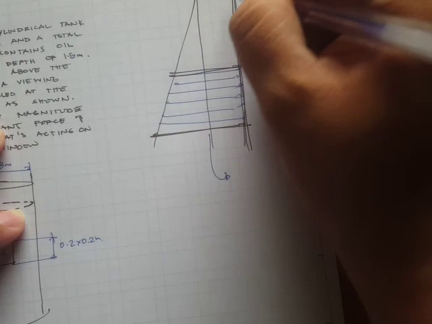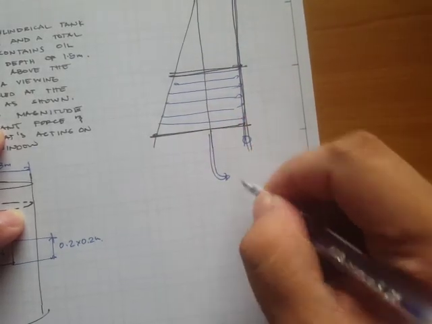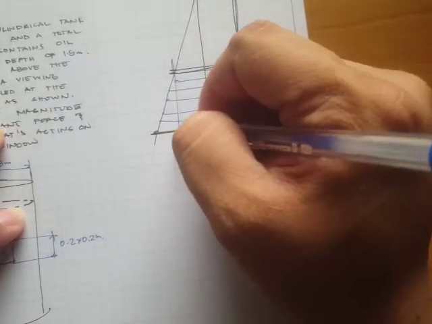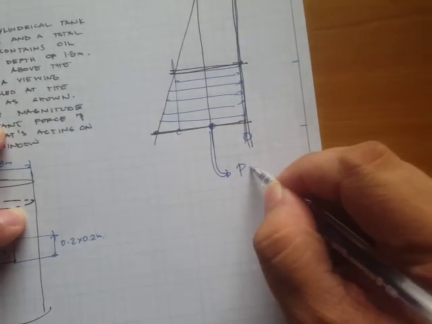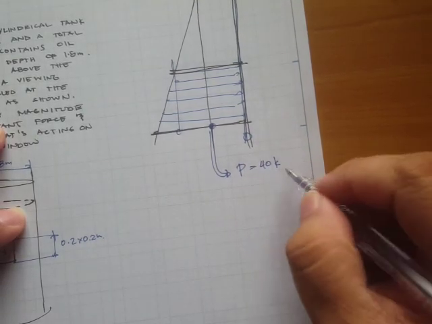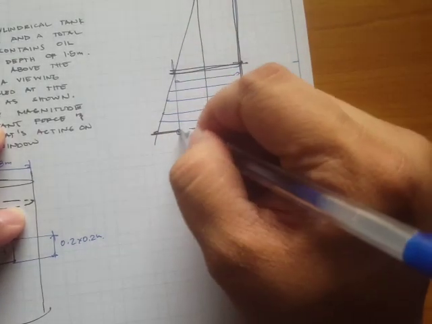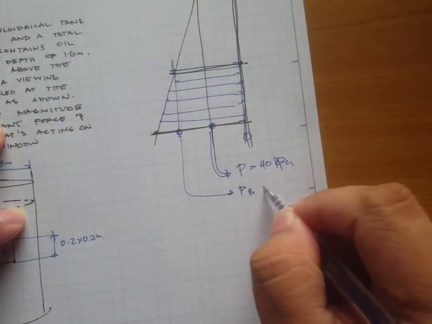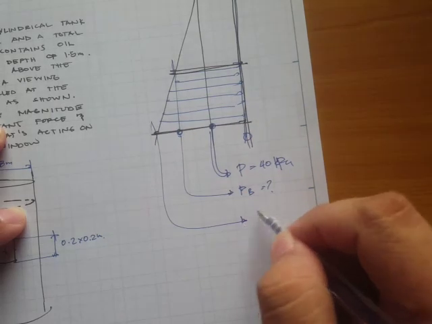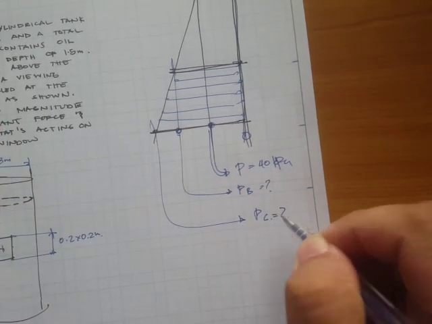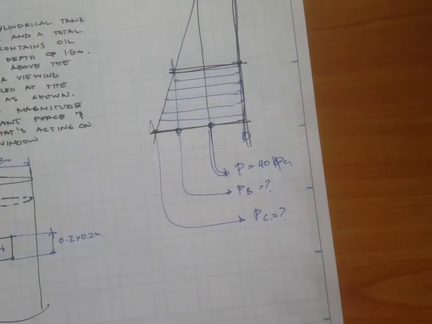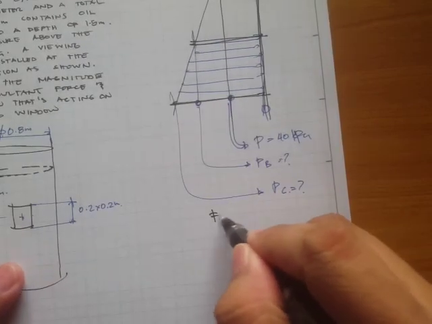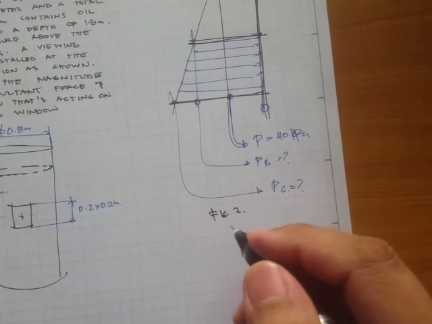This is the zero pressure line, and this pressure right here at this point would be P equal to 40 kPa. And then at this point, this is what we don't know, this is P sub B, and this one would be P sub C. And let's label this figure as figure number 2.